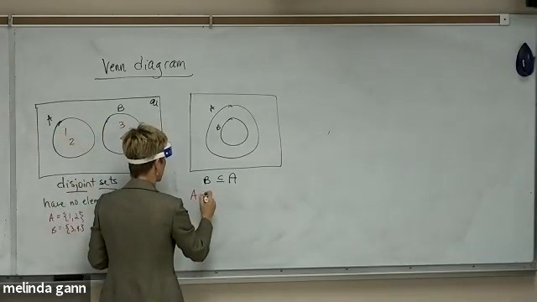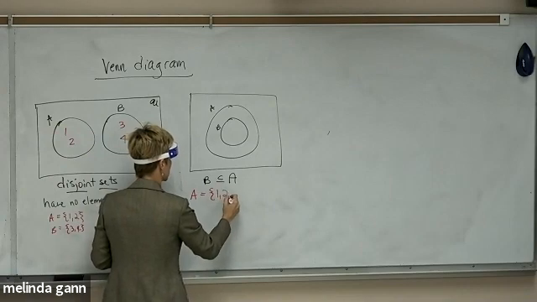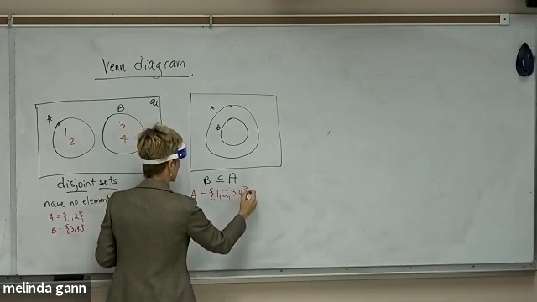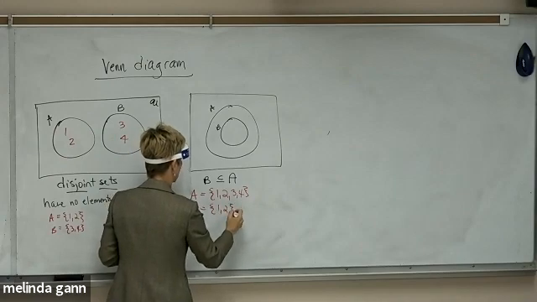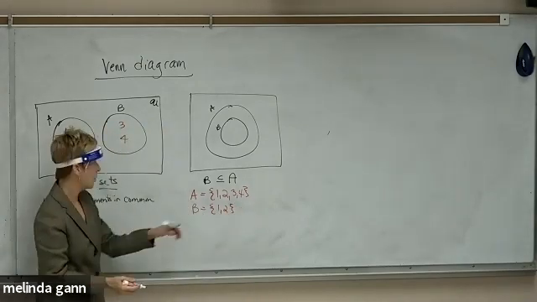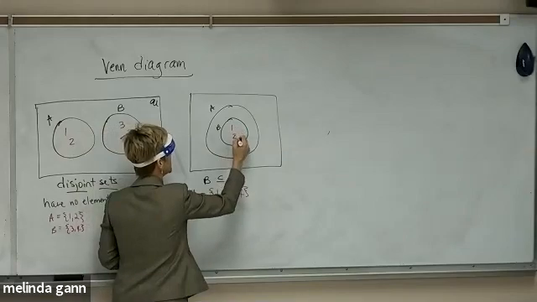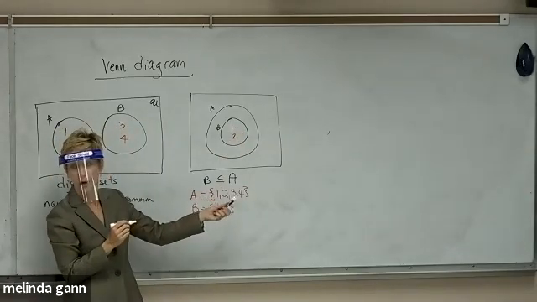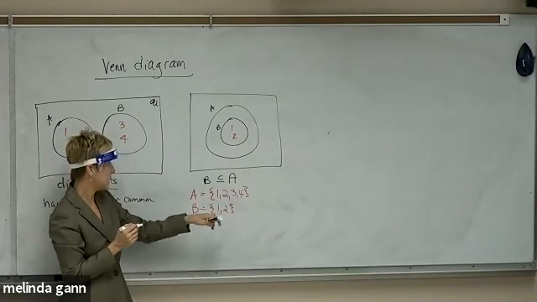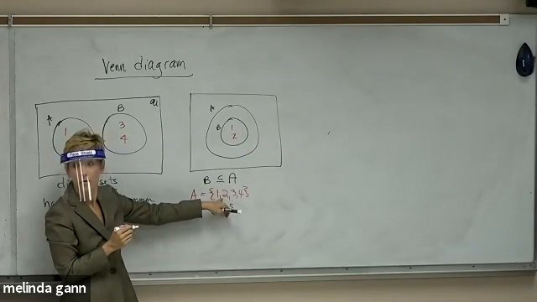So this would be something like this. See, what if B had 1 and 2 in it? But A had 1, 2, 3, and what? 4 in it. Isn't everything in here in here?